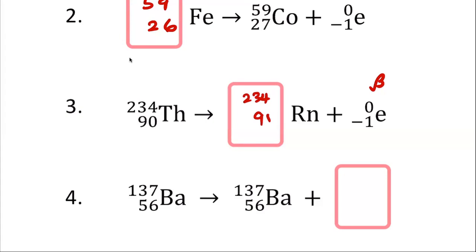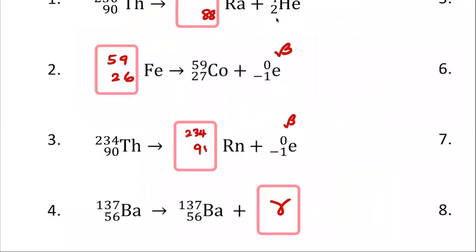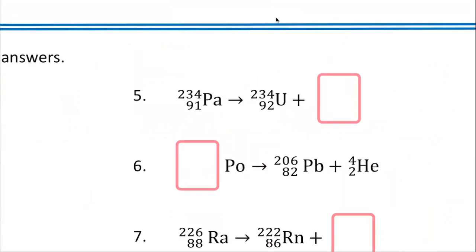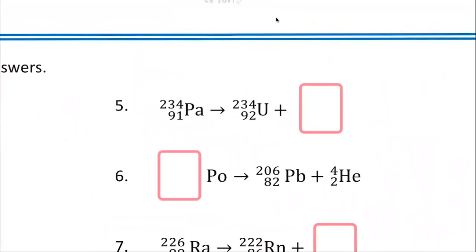Number 4, barium decays to become barium. So what is the missing? Yes, gamma, right? So gamma ray, you can just write the symbol. Just write the symbol for gamma. Next one, number 5.